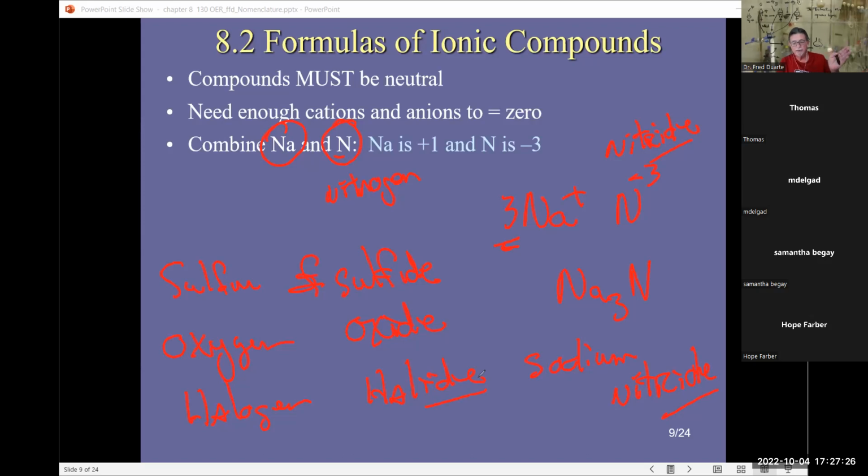So chlorine becomes chloride, fluorine becomes fluoride, etc., etc. What else am I missing? Nitrogen is nitride, phosphorus becomes phosphide, and so on and so forth. Okay. All right, so there's the formula, Na3N.